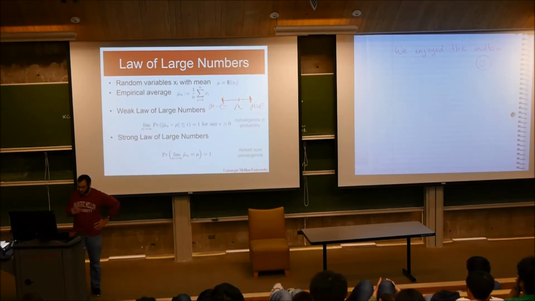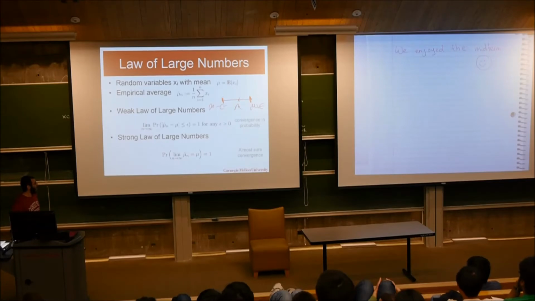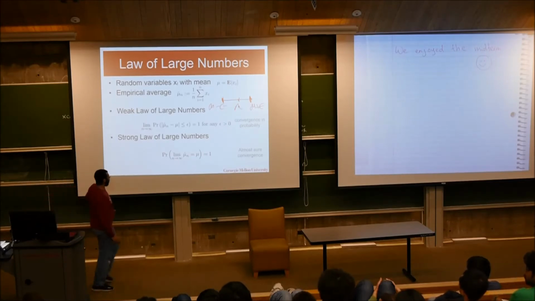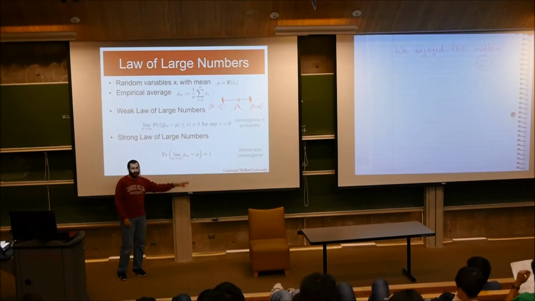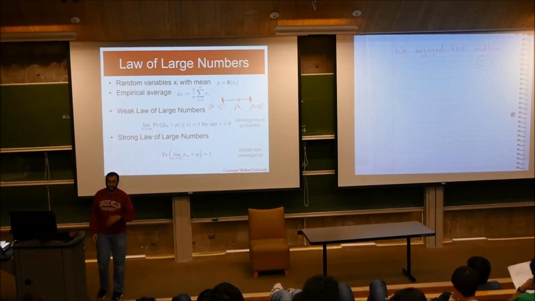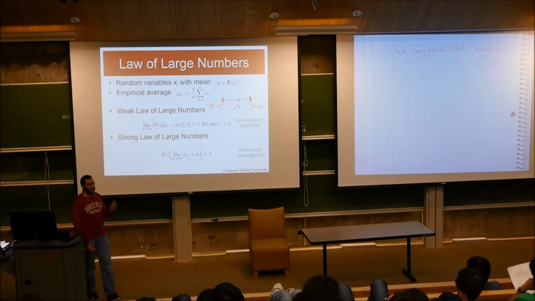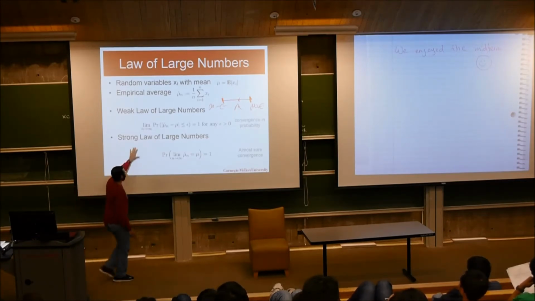There's actually a stronger result called the strong law of large numbers, and it says the probability that the limit of your empirical average is equal to the true mean is equal to 1. So this is the probability of the limit, whereas the weak law is the limit of the probability.